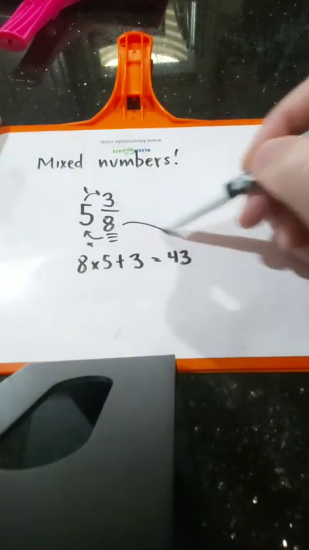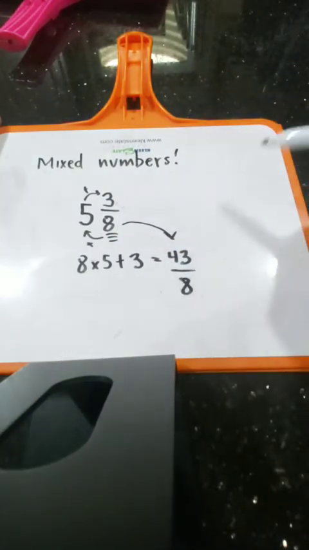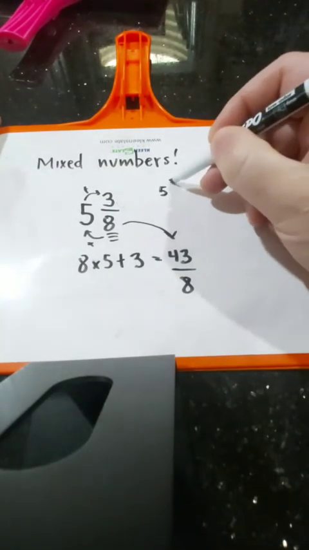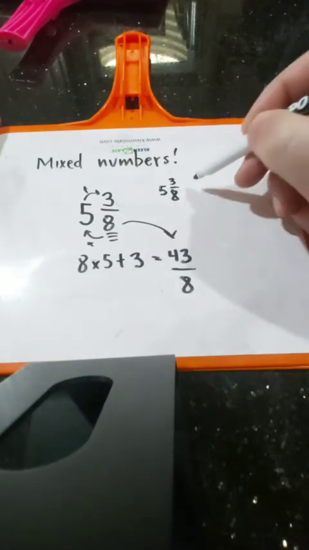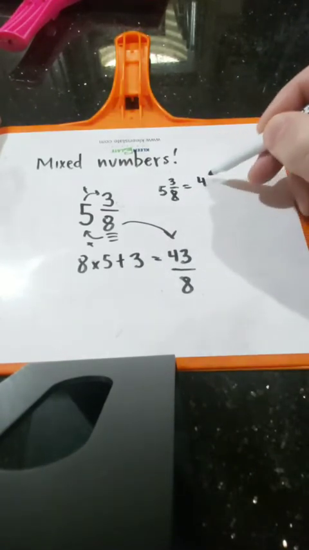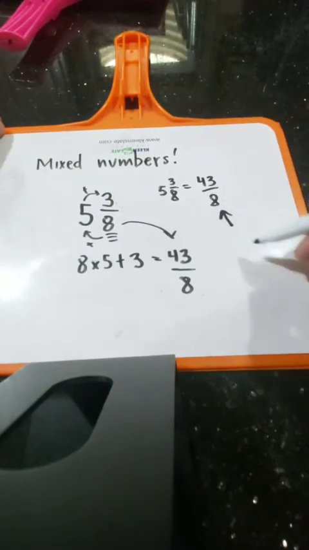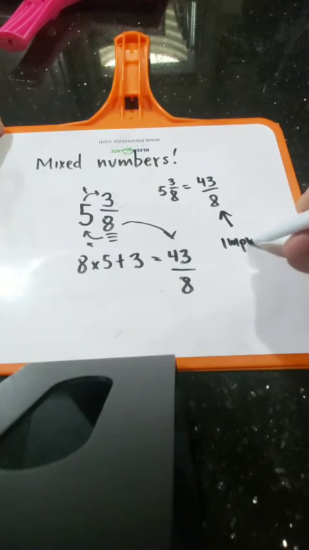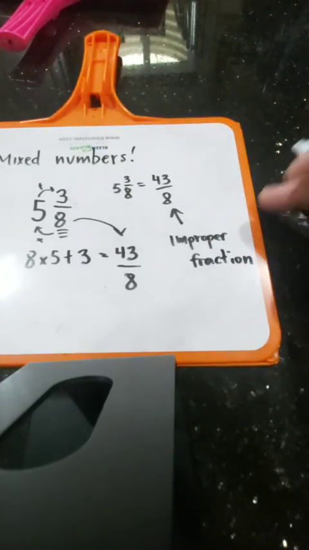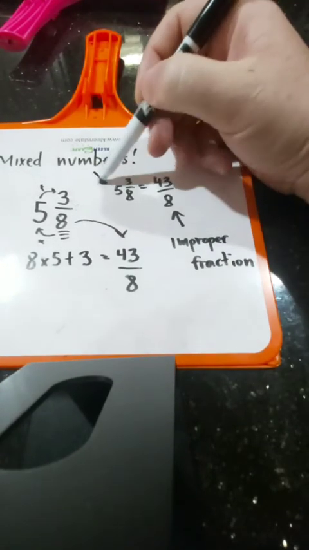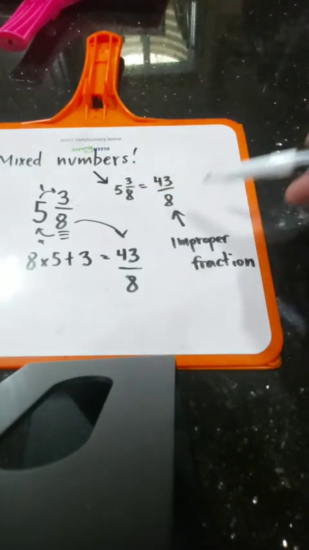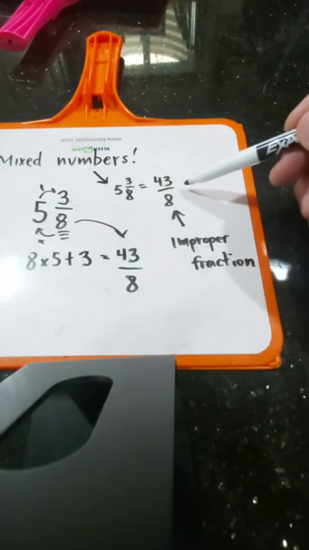So we're going to take this 8 and we're going to make it into a denominator. So what we just did is we converted 5 and 3/8 into 43/8. Okay, this is called an improper fraction. Improper fraction. Okay. So we are converting mixed numbers, which is this, into improper fractions, which is this.